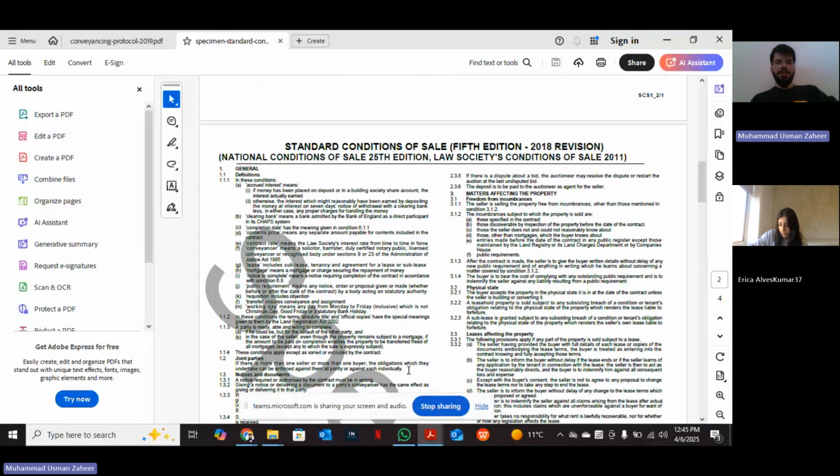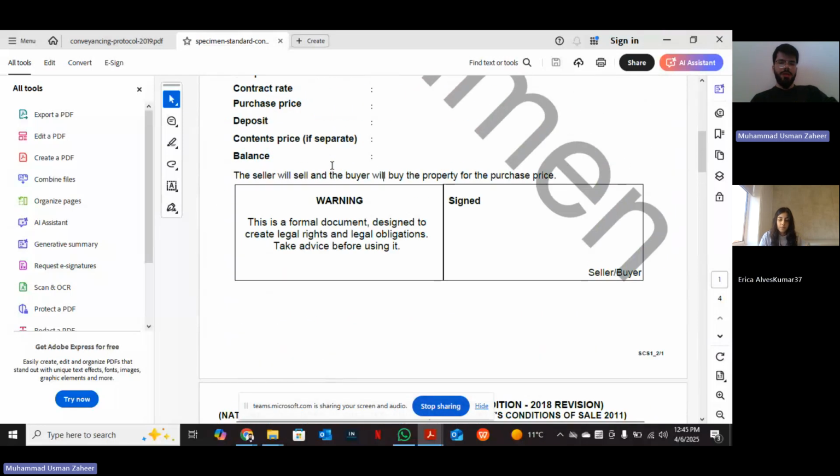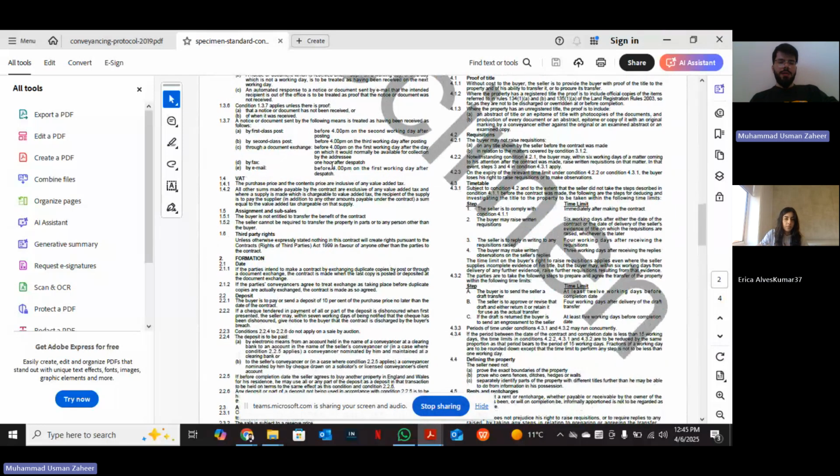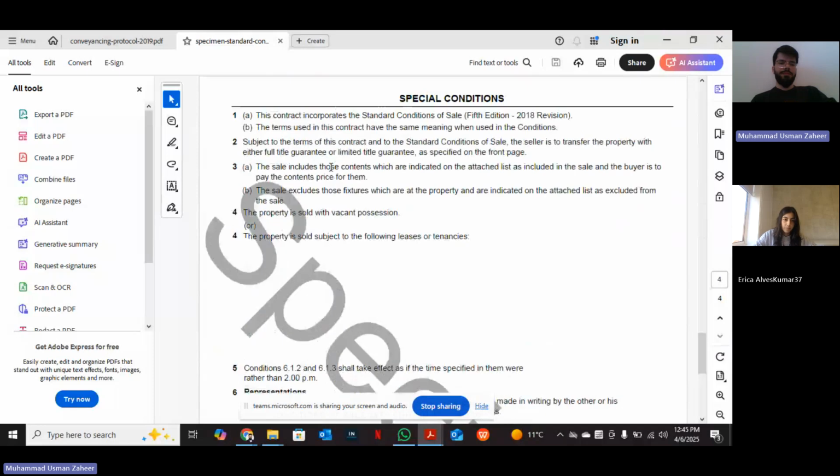Now, these are the standard conditions of sale, fifth edition. You just need to make sure that these are up to date and you're not using the previous or any outdated standard conditions. And then you have special conditions.